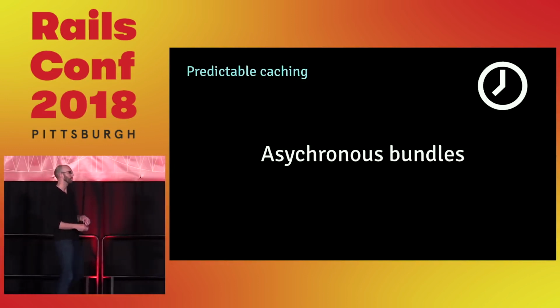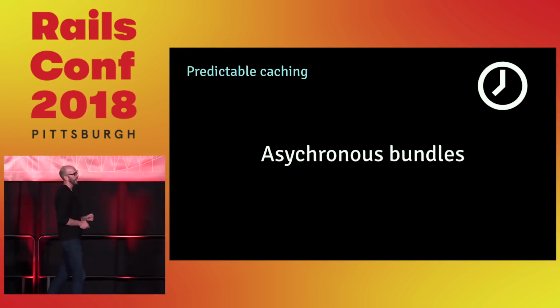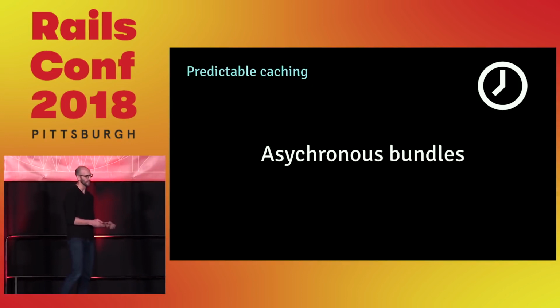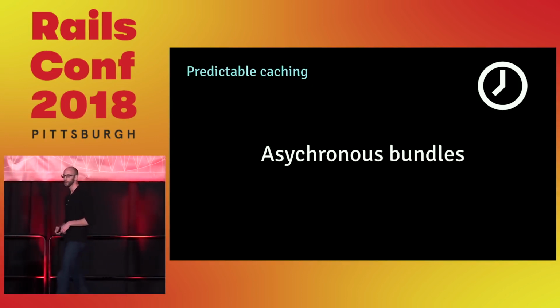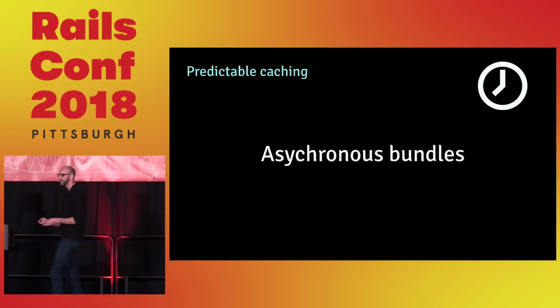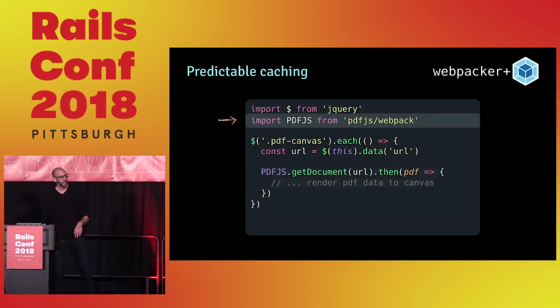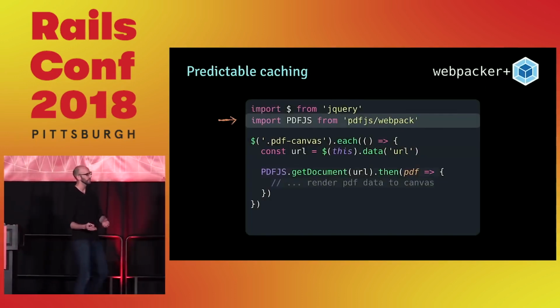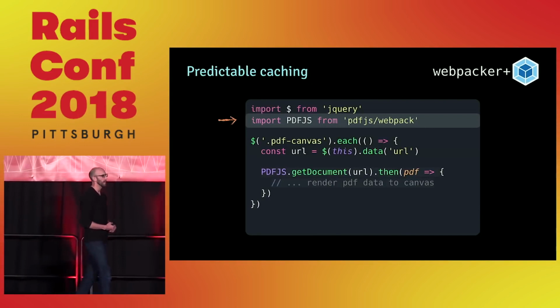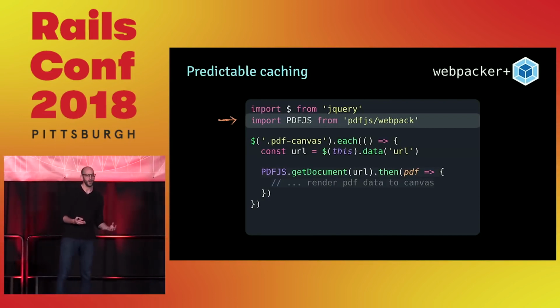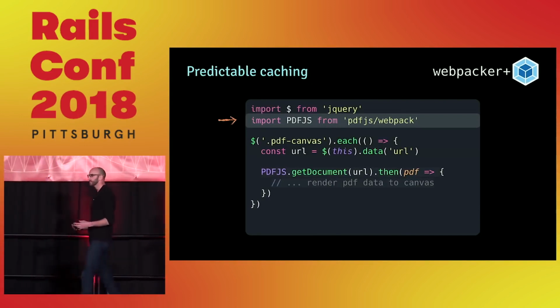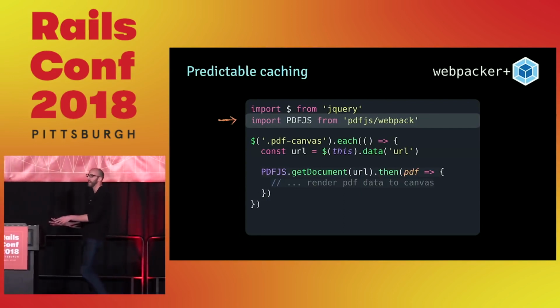So I want to come to one last issue that I feel was a real big win for bringing Webpack into your project, called asynchronous bundles. So let's imagine some code that looks something like this, where you're using a pretty large package to do something only some of the time.